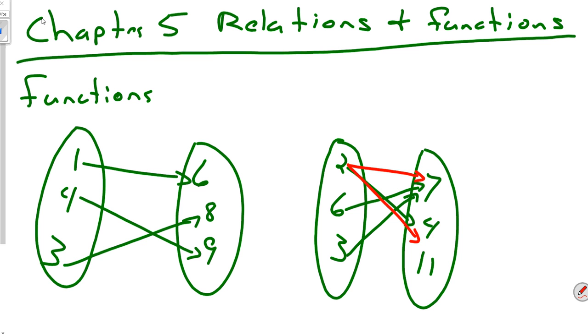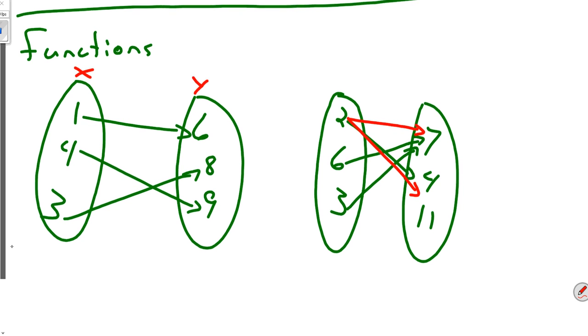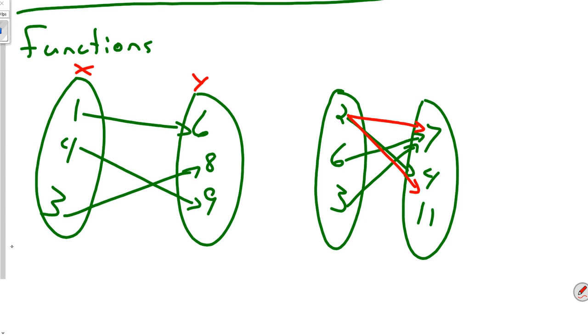And typically, these would be all your x values and these would be your y values, right? X can't go to two y values. Okay? And sometimes when we refer to all the x values with a function, we call that your domain. Whoa!